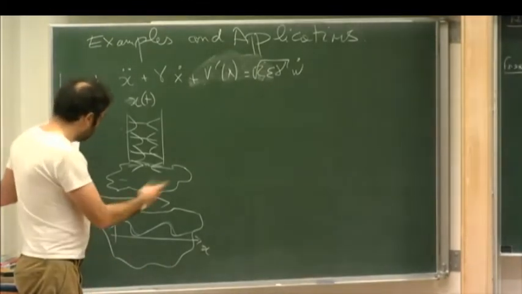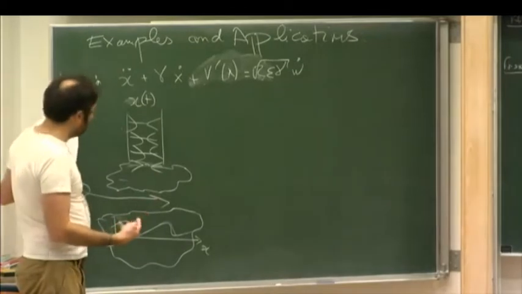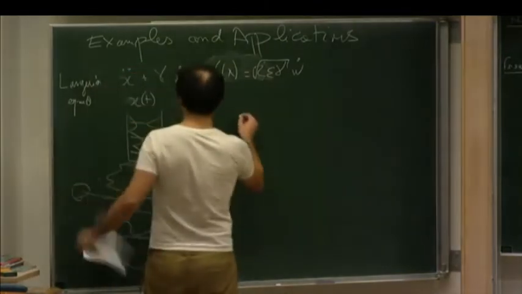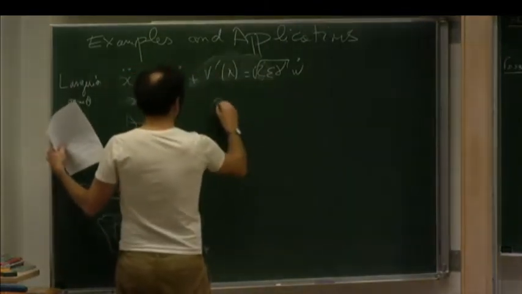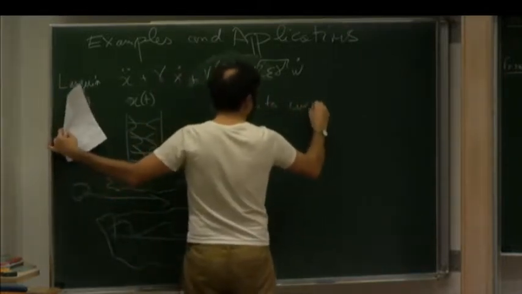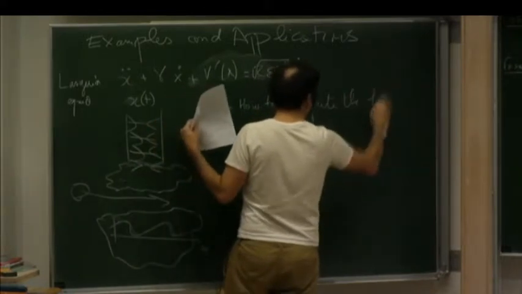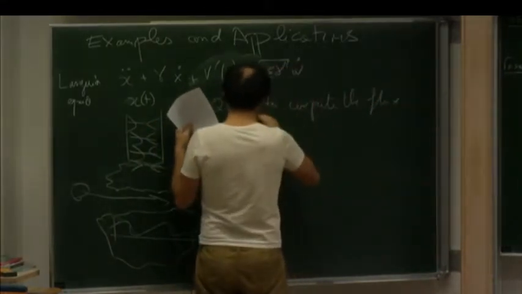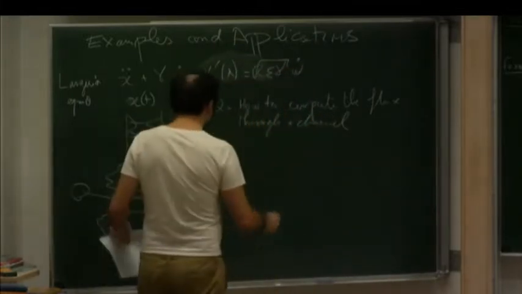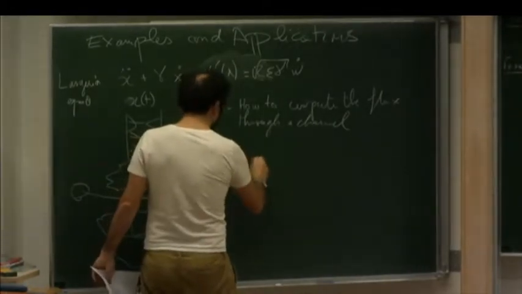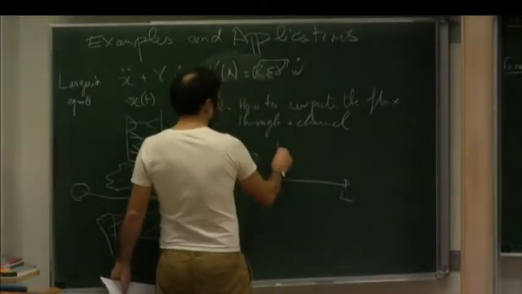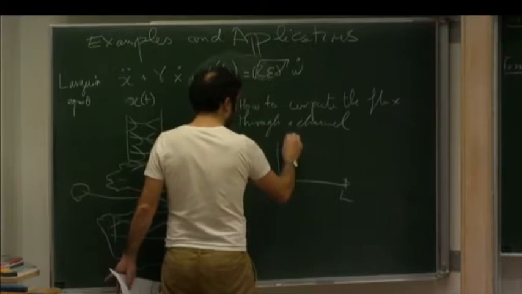So you can look at different questions. One question that came out of this, in a very simplified case, is called the Albedo problem. The question is how to compute the flux through a channel. If you have V, for example, equal to 0, and an interval 0 to L, suppose you start with a velocity v0.